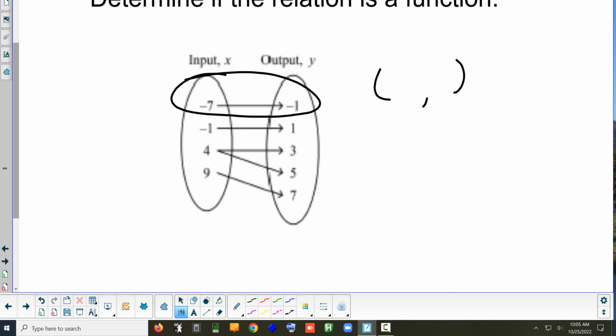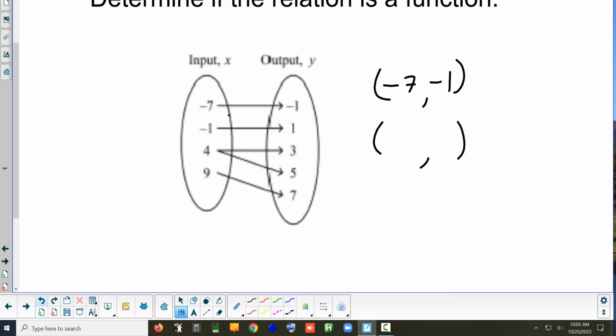Yep. -7, comma, -1. Now go to the next arrow. Brady, what do you think that arrow represents? -1, comma 1. Now, go to your third arrow.